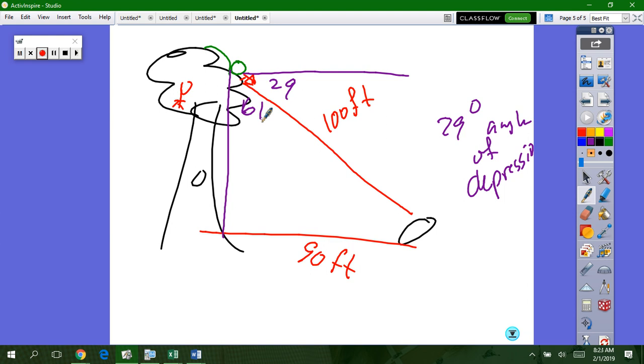Does that make sense? No, I'm not the killer squirrel. Okay. Awesome. By the way, do you guys know what this angle is called? Angle of elevation. This right here would be angle of elevation. Okay? This is your story problem with the other two.